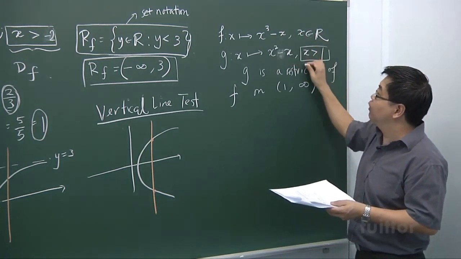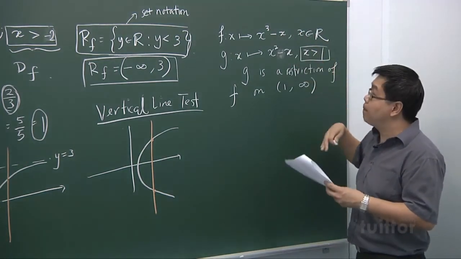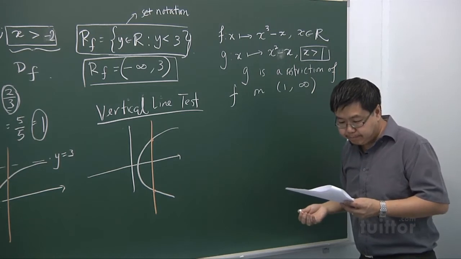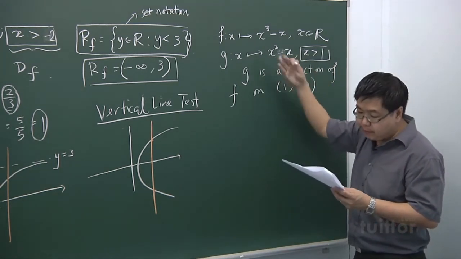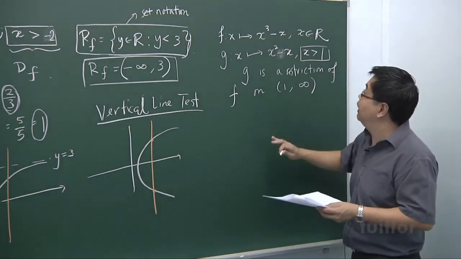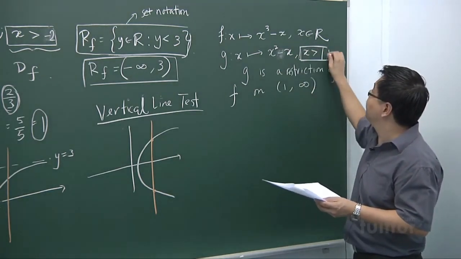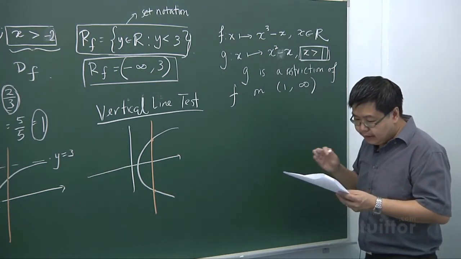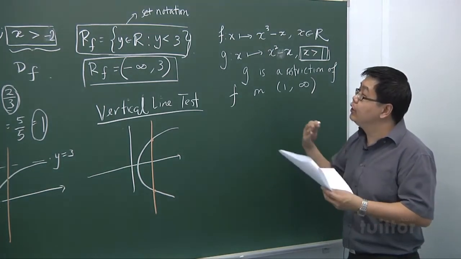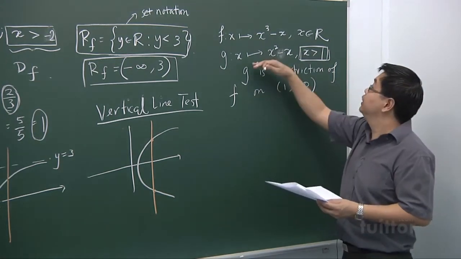However, the set of values where g is defined is only part of f. And then g(x) and f(x) will always be equal for all those values in the restricted domain of g. This is what is meant by a restriction of f.